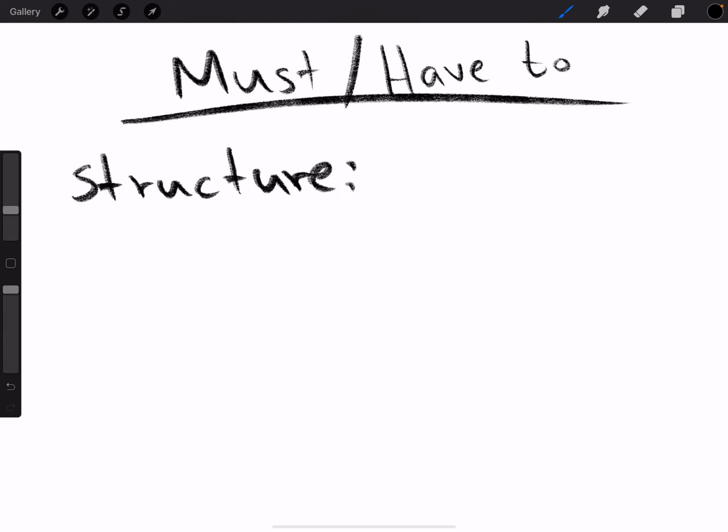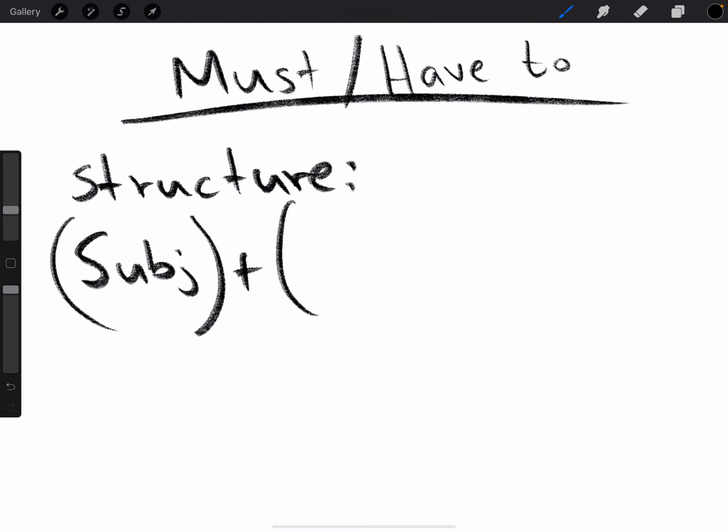So for these verbs, we're going to start off with our subject. Then either we use must or have to.